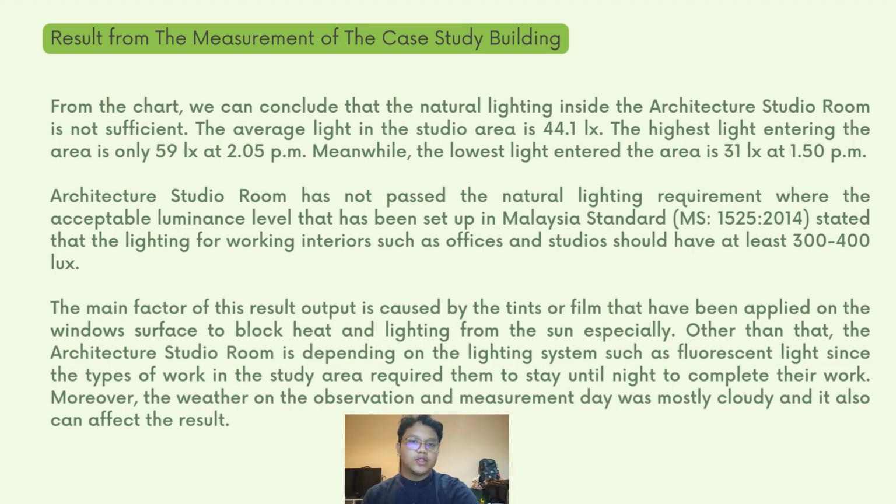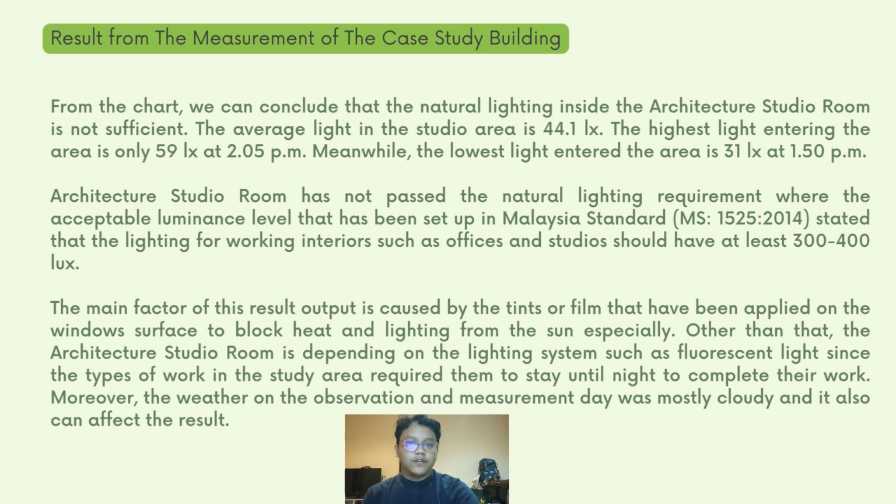The architecture studio room has not passed the natural lighting requirement, where the acceptable luminance level set in Malaysian Standard MS 1525:2014 states that the lighting for working interiors such as offices and studios should be at least 300 to 400 lux.